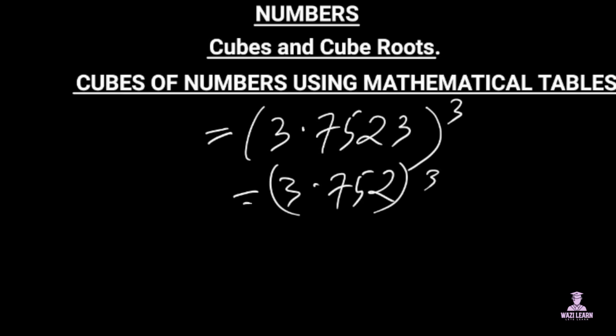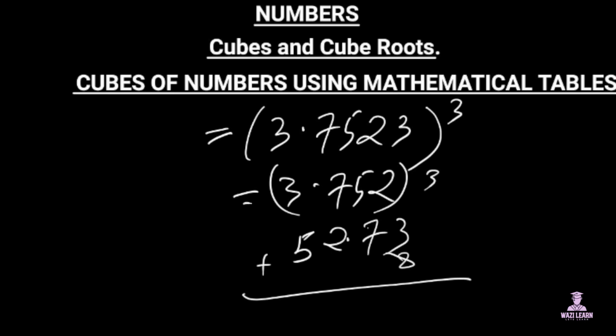You look at 3.7 under the x column, and then move across to where it intersects with 5. It will be 52.73, and then move across to where it intersects with 2. So you'll add 8, and you add this 8 in the far right. You don't add it under 7, you add it under 3. So your answer is 52.81. So that one is the cube of 3.752.